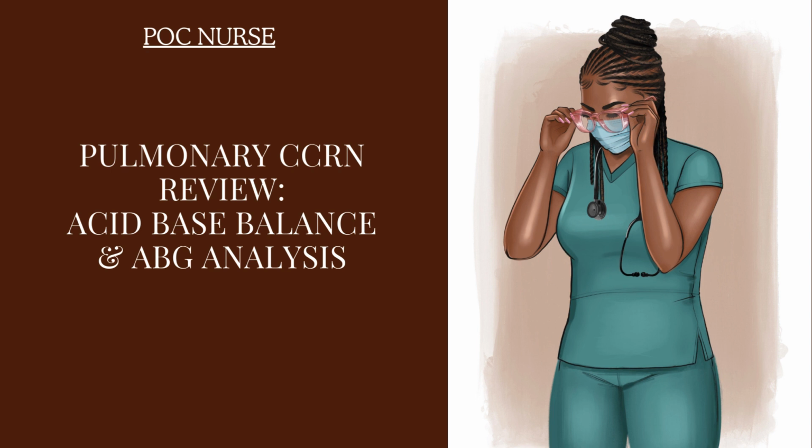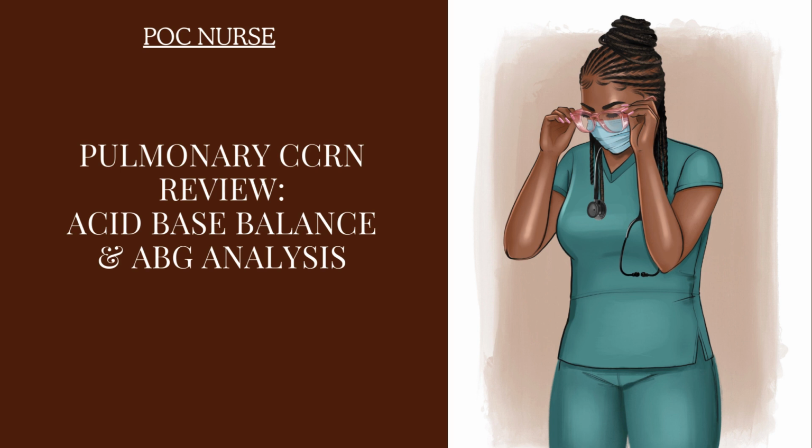So we have combined respiratory and metabolic acidosis, or combined respiratory and metabolic alkalosis. On the flip side, when we have a mixed acid-base disorder, we do not have the same kind of abnormality. In this case, you could have respiratory acidosis and metabolic alkalosis.